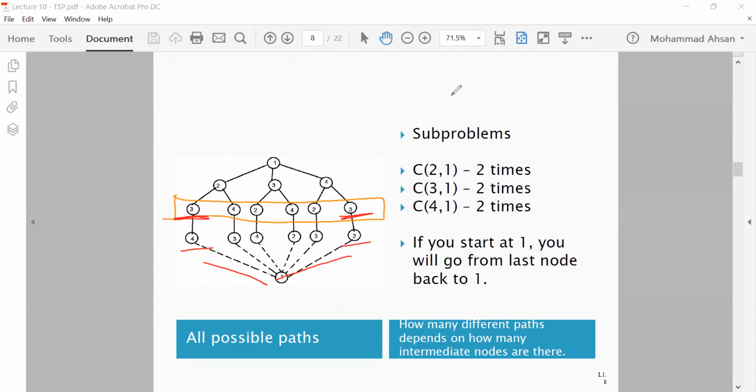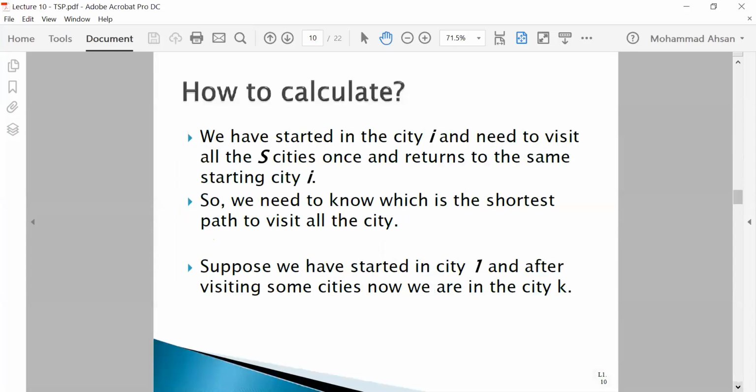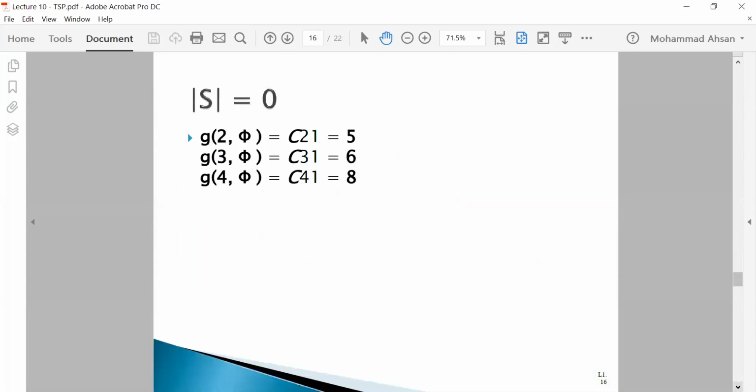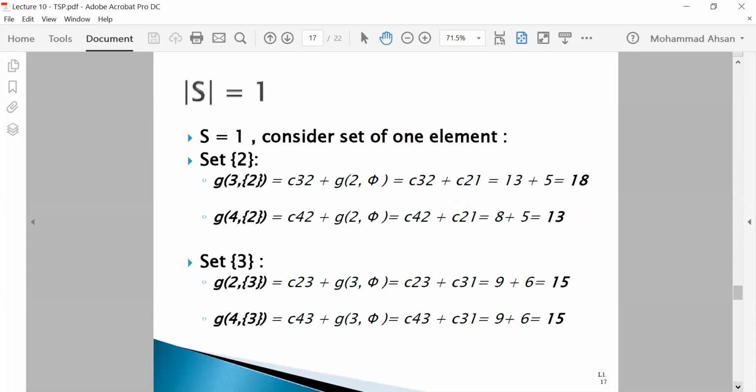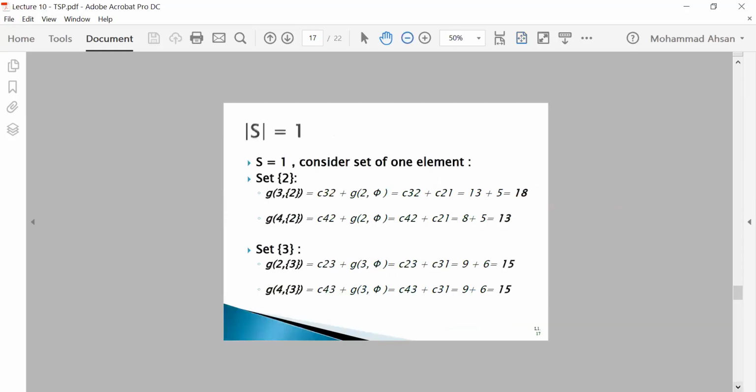So if you look here, if 2 is left as an intermediate vertex, you could be at 3 or you could be at 4.